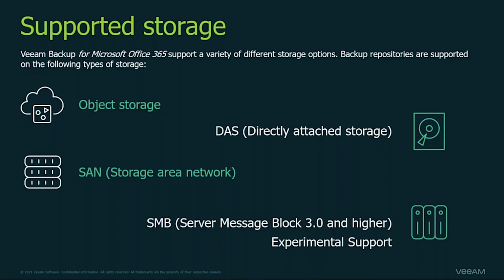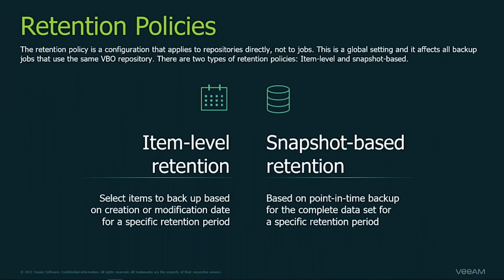Okay. Now, once you've selected which type of repository that you're going to connect to, you want to decide what retention policy you'd like to follow. And we'll take a look at those on the next screen here. And starting off with item level retention.